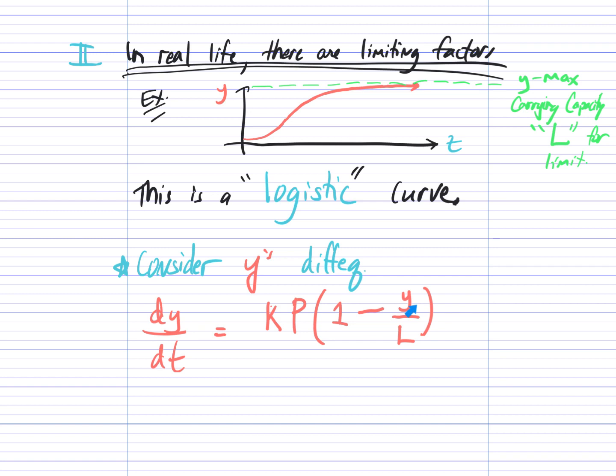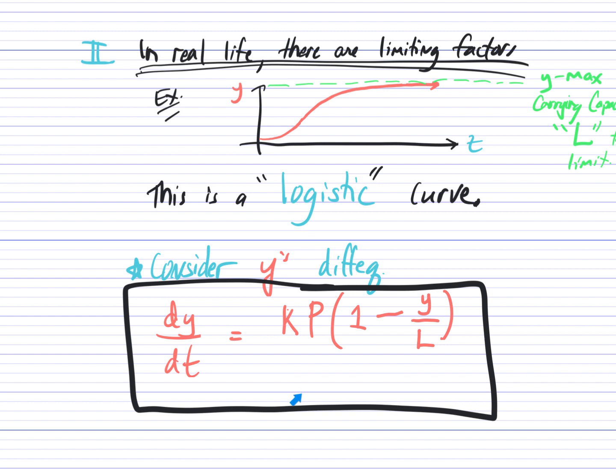And when y over L is subtracted from 1, as y grows, we're subtracting more and more of a percentage away from the 100% of the k constant, until y approaches L, which means the y value is approaching the maximum, so this is approaching 1, and this is approaching 0, so that the rate of change is approaching 0, just the way we can see in the curve. When it's horizontal, the rate of change is 0. This is the differential equation for logistic curves. We will have that memorized, and we will recognize it whenever we see it.